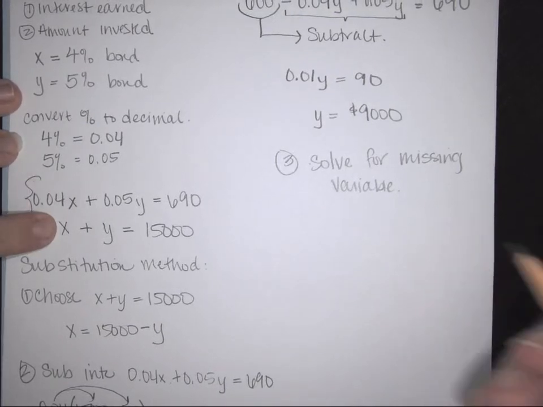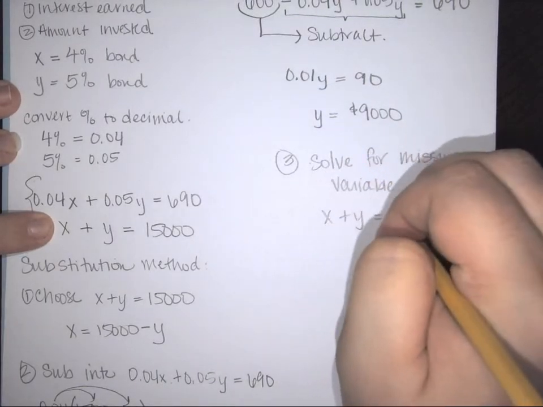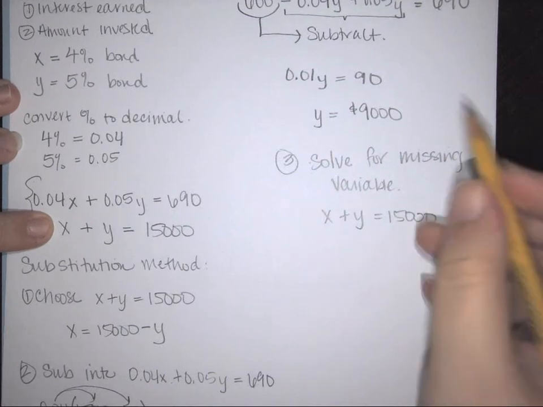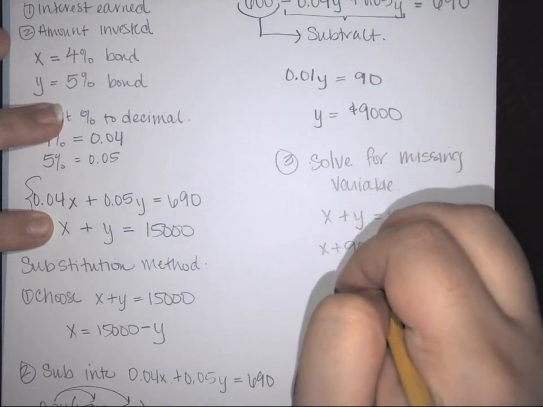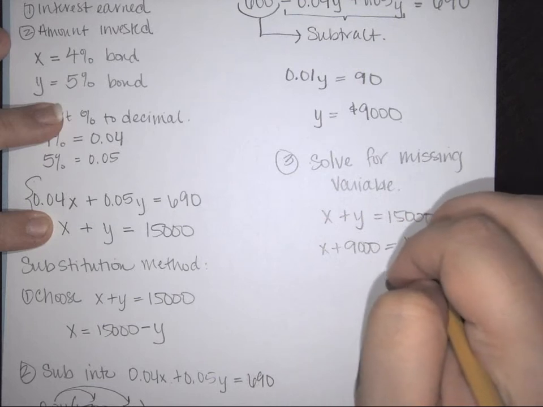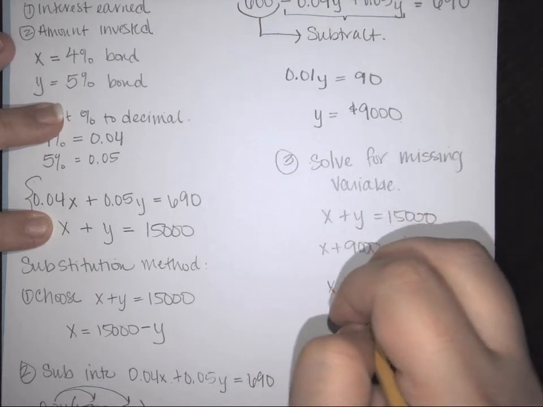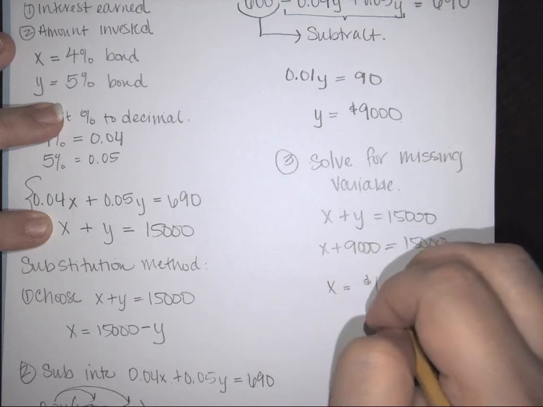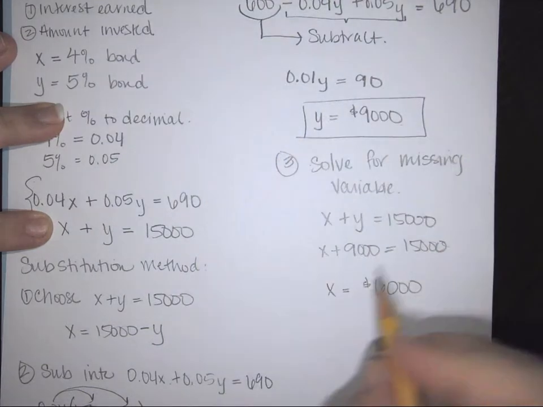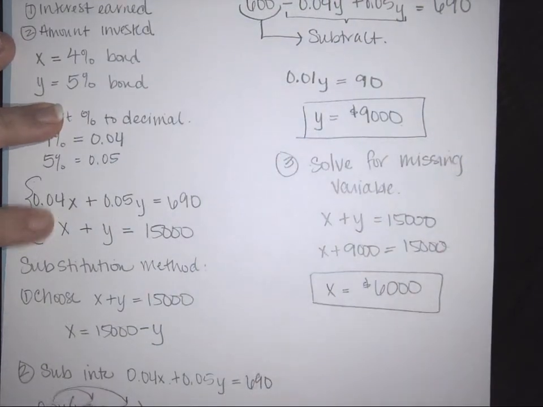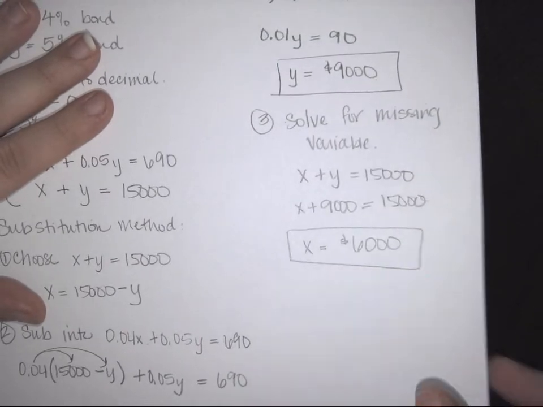I would choose working with this bottom one, so I'm going to have x plus y equals that 15,000. I already solved for y, so I have x plus that 9,000 equals 15,000. So my x is going to equal $6,000. So these are my two solutions here, 1 and 2, which again means that we can state our conclusion.